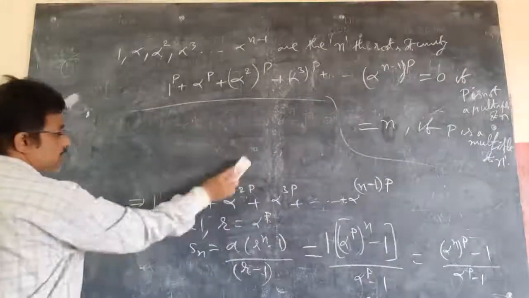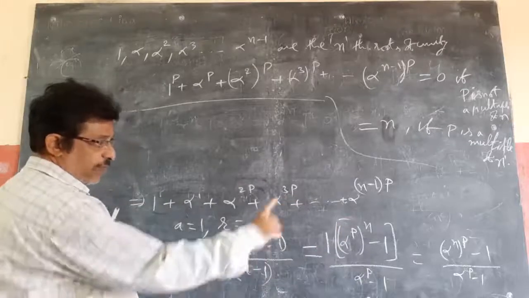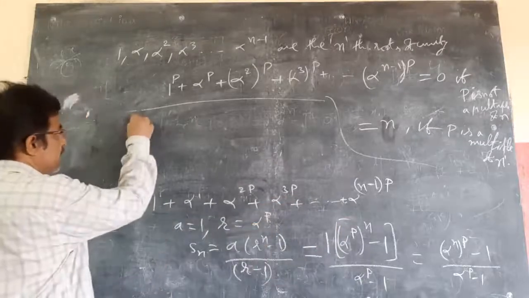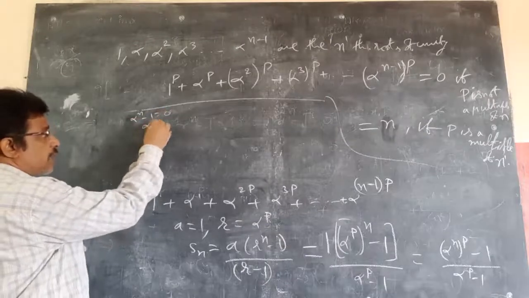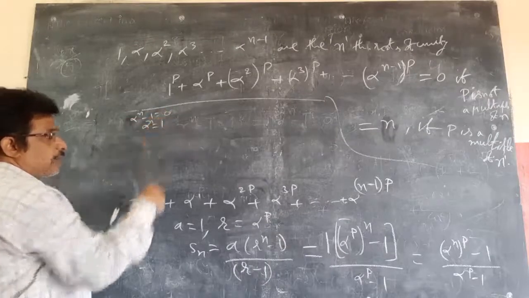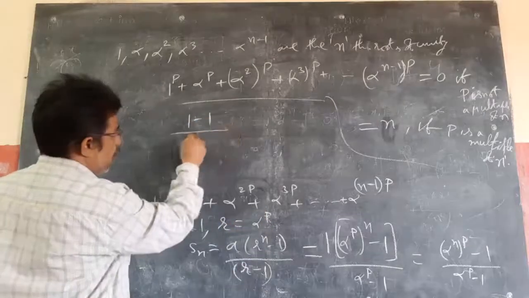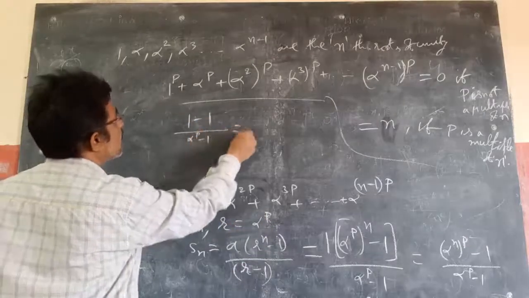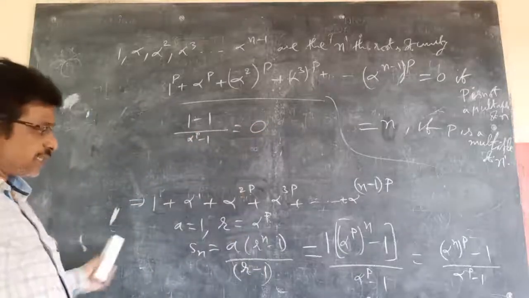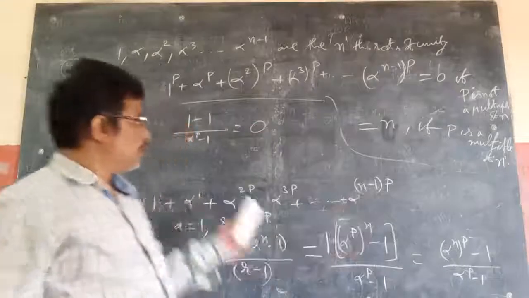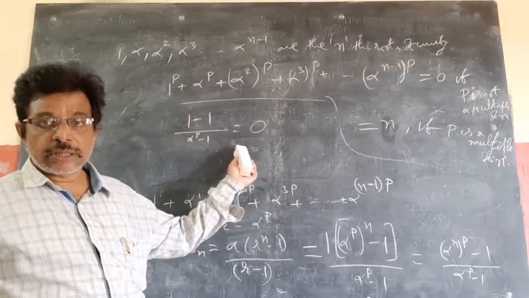So what I want to say is, we have alpha power n whole power p, and since alpha is a root, alpha power n is equal to 1. So that is 1 minus 1 by alpha power p minus 1. 1 minus 1 is 0, and 0 by anything is 0. If p is not a multiple of n, we got its value is 0.